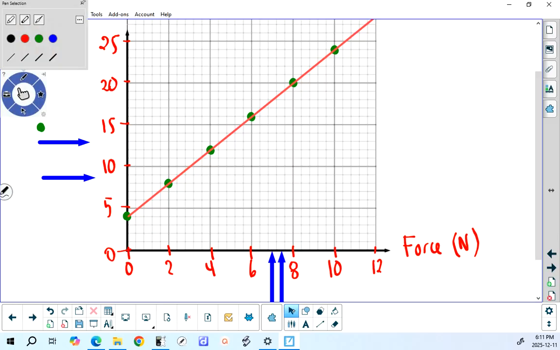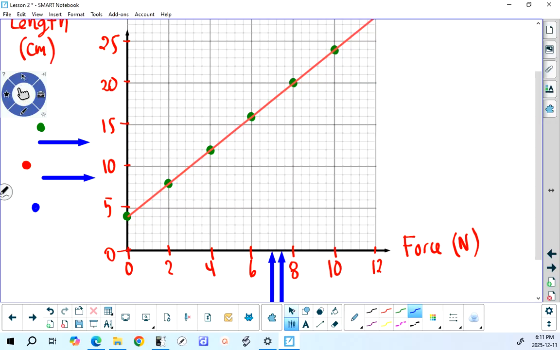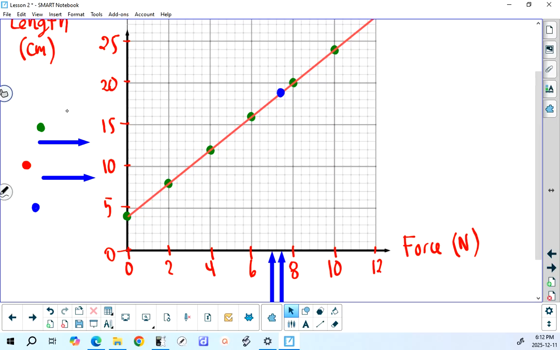That means I am looking now at a point on there. You know what? I think I'll use blue. I'm looking for a point on that line up here that has a force value of 7.5 newtons.